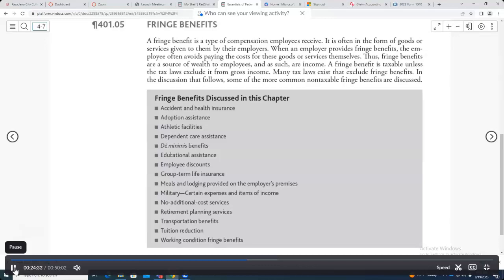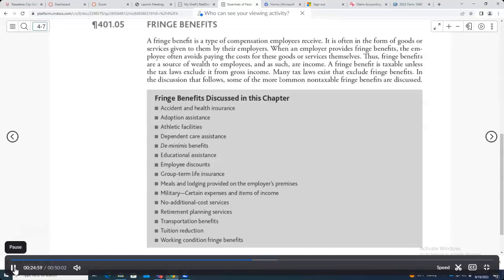Others include educational assistance, employee discounts, group term life insurance, meals and lodging, military, certain expenses, no-additional-cost services, retirement planning services, transportation benefits, tuition reduction, working condition. So those are things that are normally not taxable.